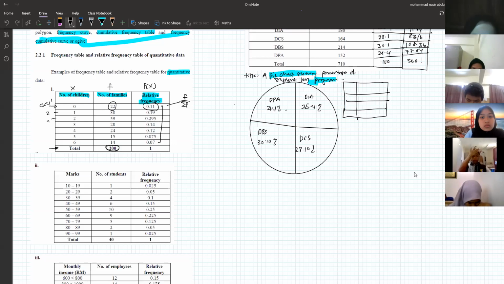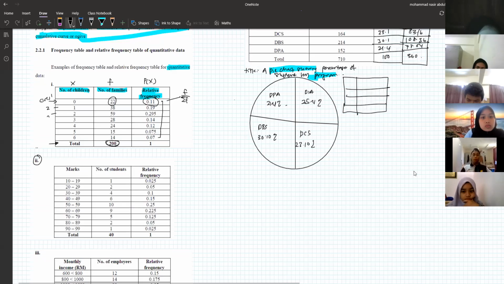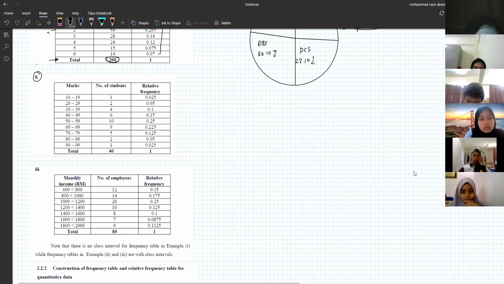right? And the second part of frequency table is also a frequency table for quantitative data, but this is based on interval range from 10 to 19, 20 to 29, right? This is based on range interval.